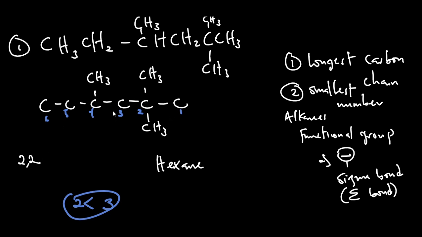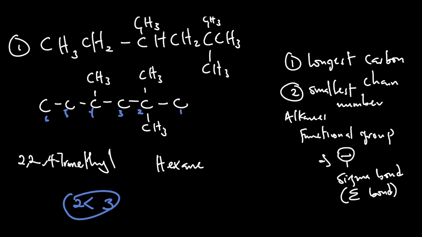So from here, the third one here is on 4. Now the reason why I'm writing all 3 numbers together is because they are similar. If they were not similar, I will not put them in the same place. So this here is 2,2,4-trimethylhexane. So again, don't forget to put your word.